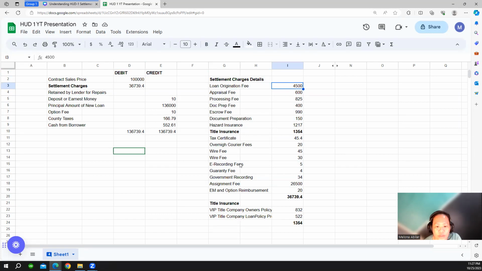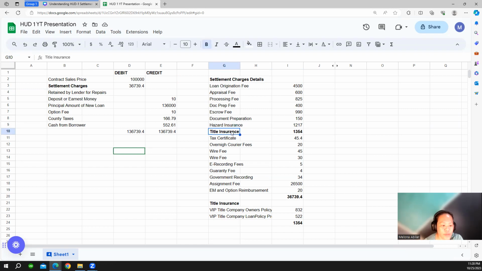Others, normally, are capitalized costs. For hazard insurance, you can also talk with your tax accountant if this item will be capitalized or included as an expense in the profit and loss statement.